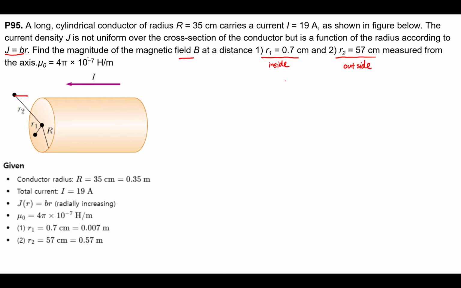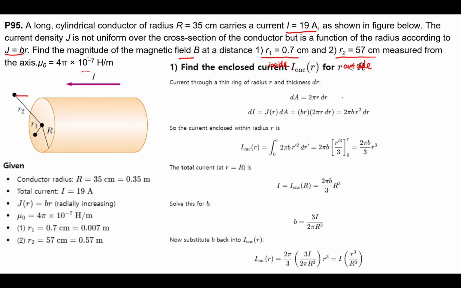So we are given a certain current density, which will give us this total current. And then we need to find the magnetic field at the position R1, which is inside, and R2, which is outside.